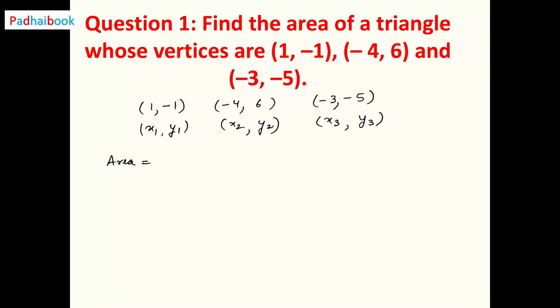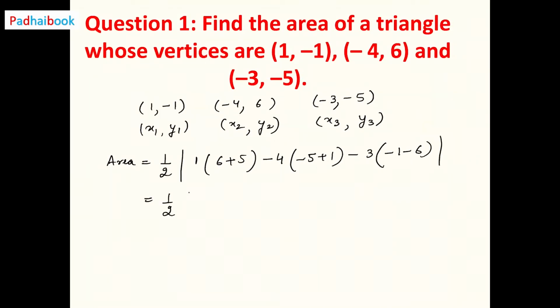I'm not writing the formula again. Half, first was x1 is 1, then it was y2 minus y3, so 6 minus of minus 5 plus 5, then minus 4, this is x2, and it will be minus 5 minus of minus 1, that means plus 1. Then the last will be minus 3, and here it will be minus 1 minus 6.